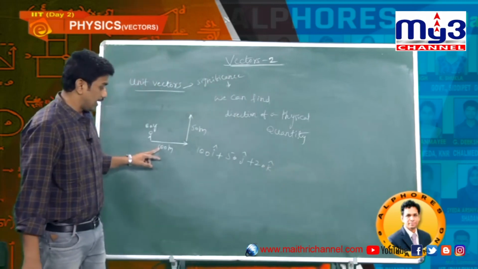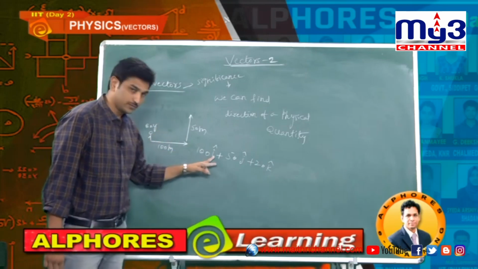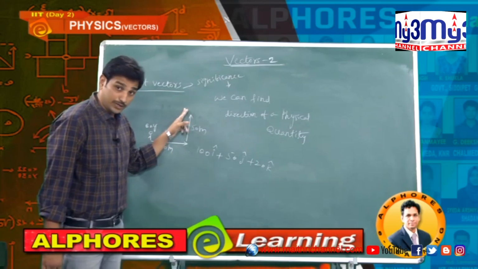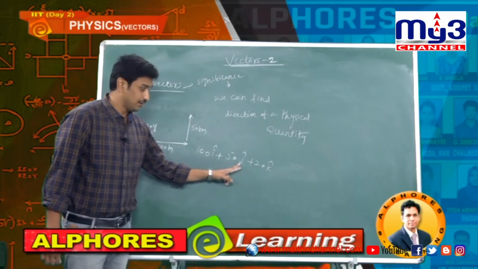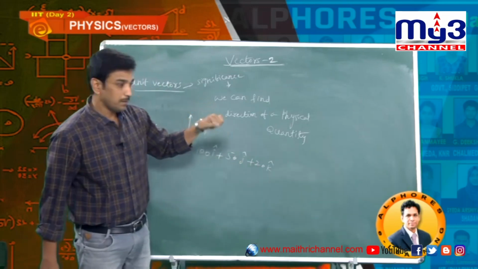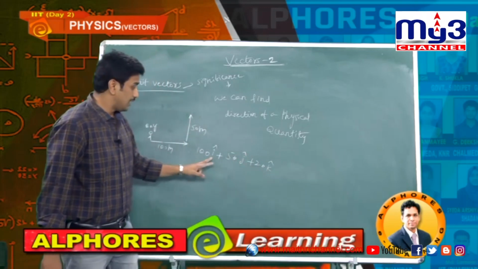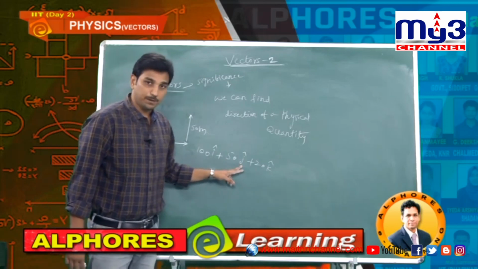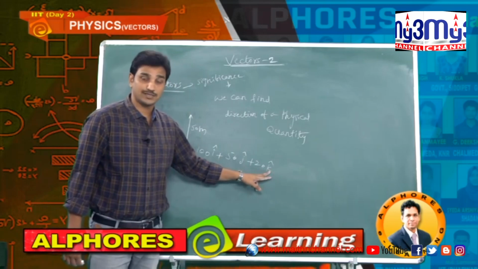Now I know the magnitude, but not the direction, so I took the help of a unit vector. I cap represents the positive x direction, J cap the positive y direction, K cap the positive z axis direction.